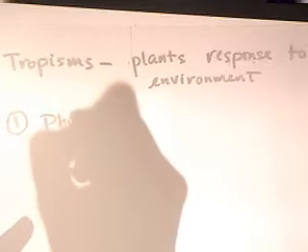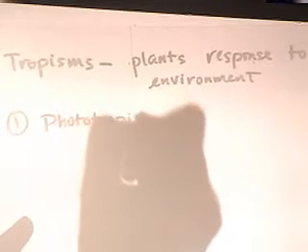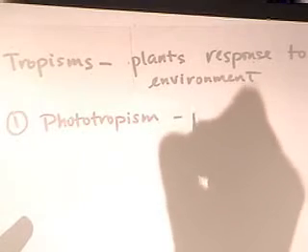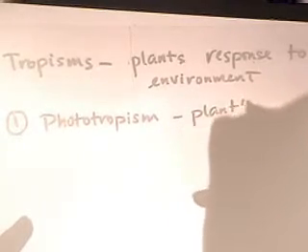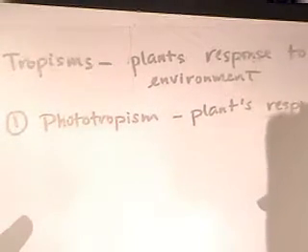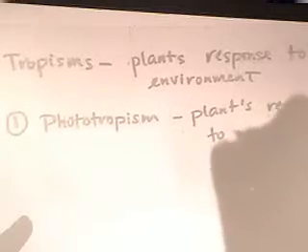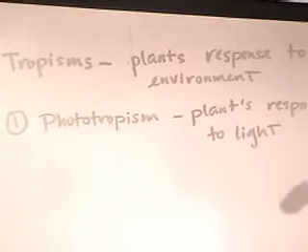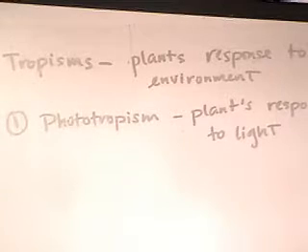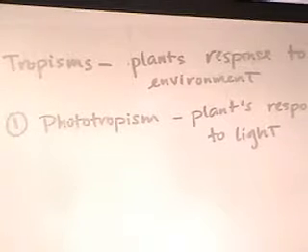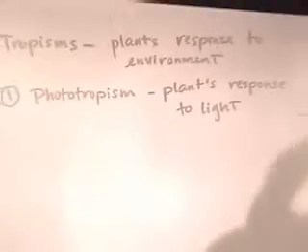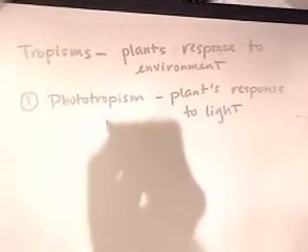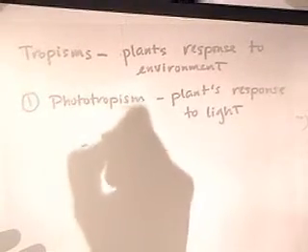That's called phototropism. And basically, what they found is when a plant was grown such that a light was placed on one side, so one side of the plant got more light than the other, the plant would grow towards the light.